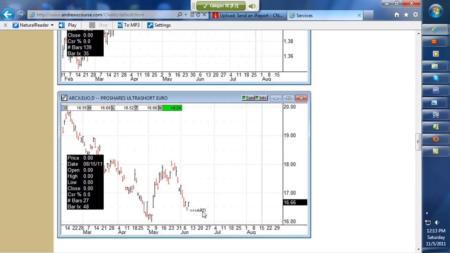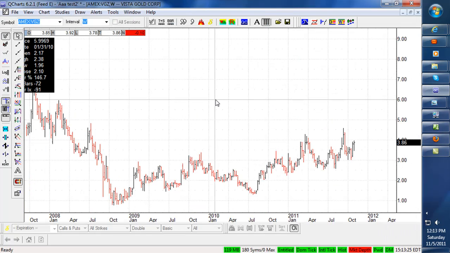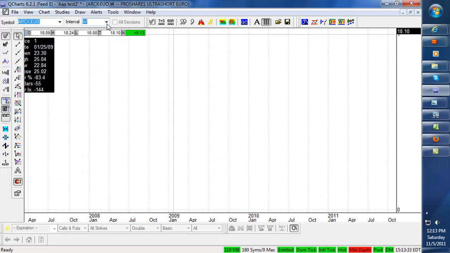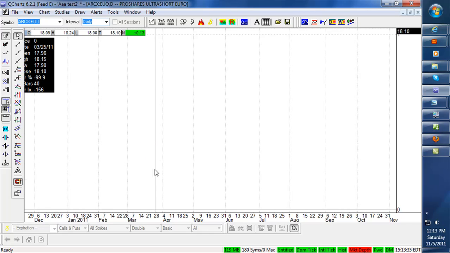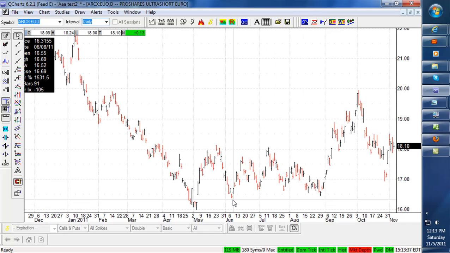We just had Andrews reversal of trend indicator. Let's see, June 6th. Oops. Let's have a daily chart, and let's take a look at June 6th.